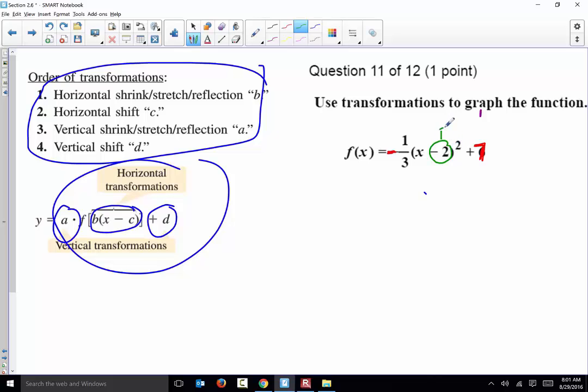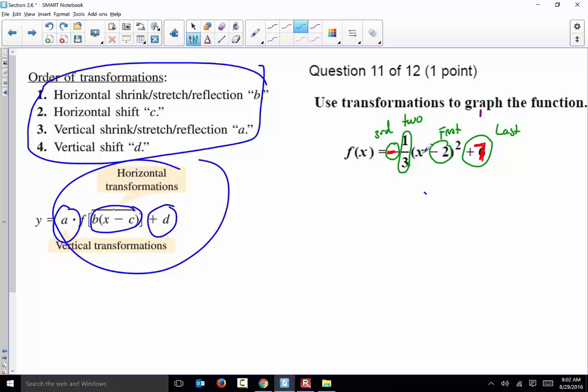So this is first. 2 and 3. I want to take care of this second, and this is third, and this is last. Well, can I take care of minus before 1/3? Sure, but I don't prefer that way. Is my order okay? Does it fit this? Yeah.